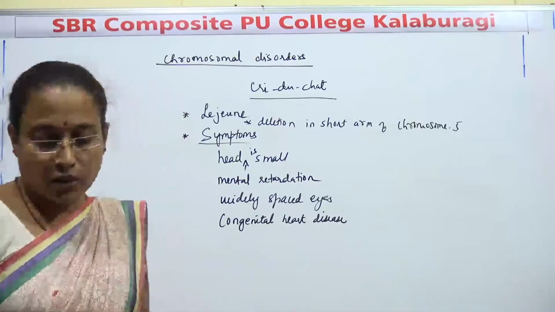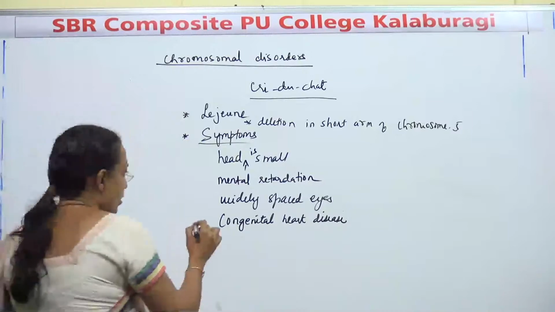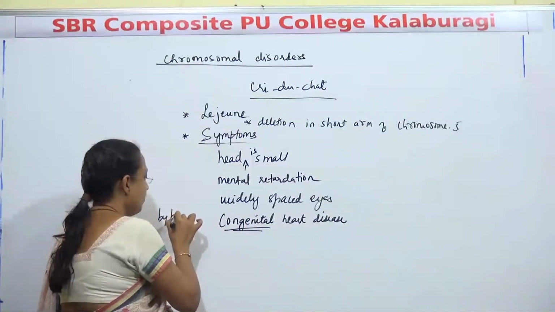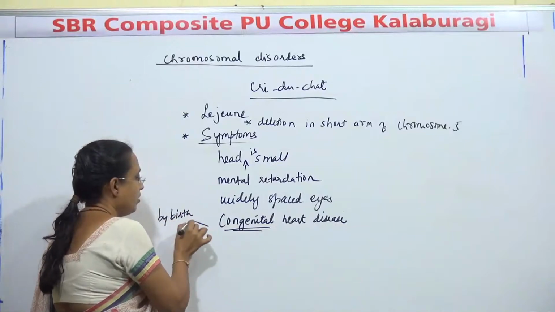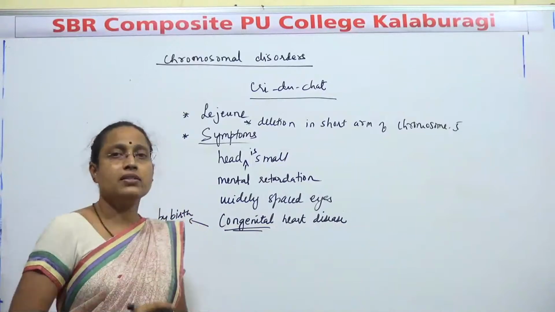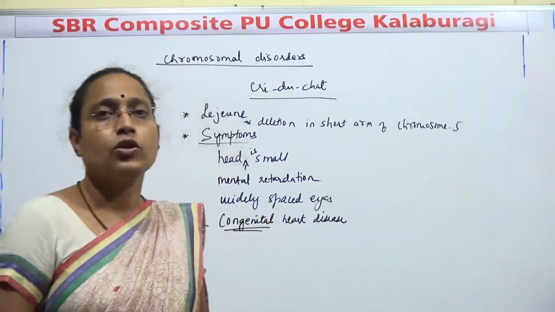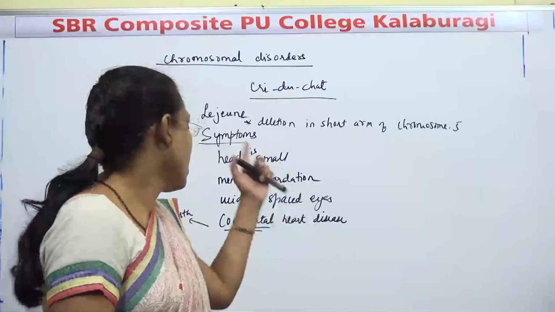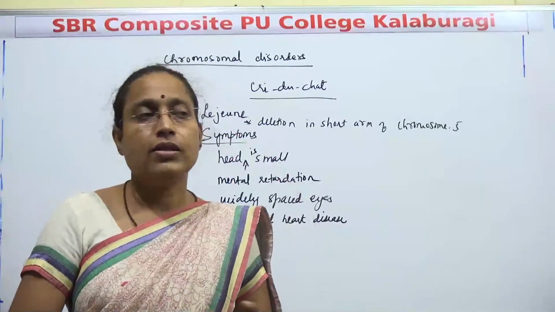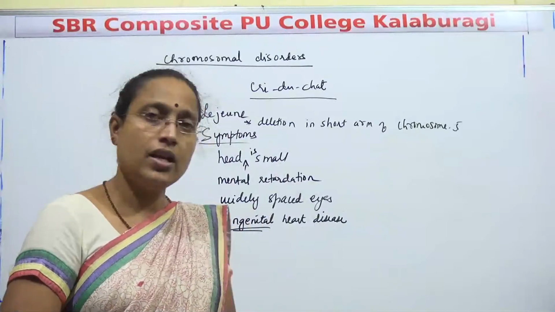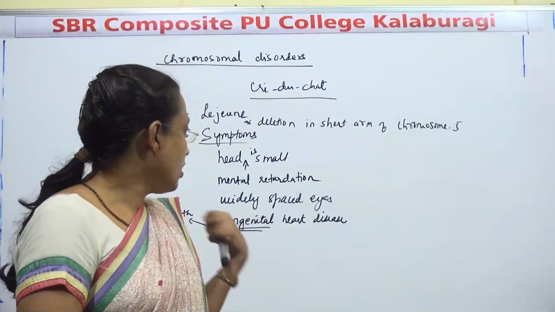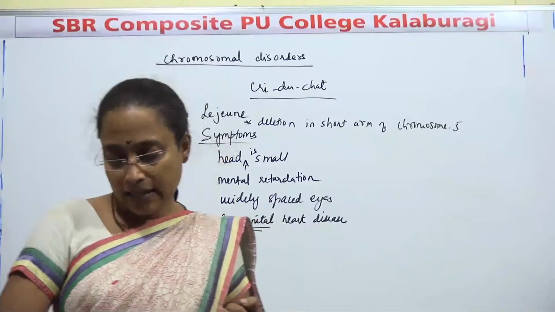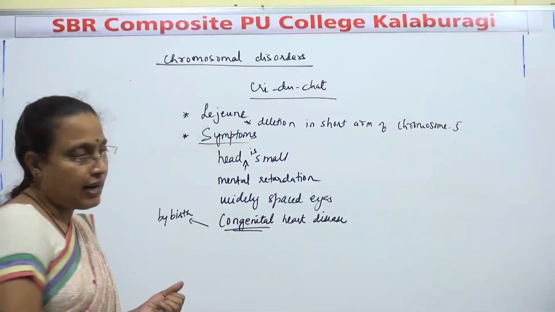It means by birth. Through this word you should know it as by birth itself. There is a defect in the heart from birth. These are all the signs and symptoms of this chromosomal disorder. So here, congenital heart diseases, and of course, crying like a cat. Okay, so cry like a cat.